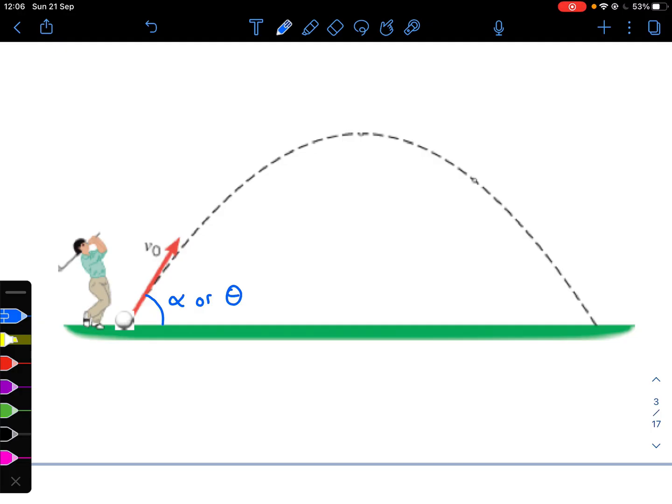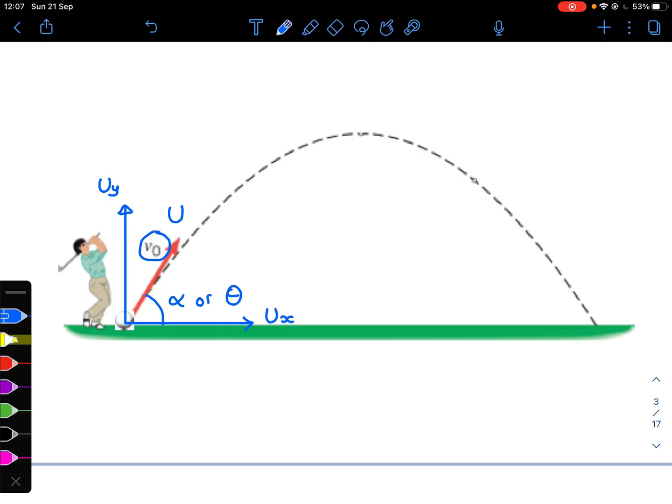So what we're going to need to be able to do, if we're going to split this into horizontal and vertical components, is calculate how much of this velocity is acting vertically and how much of this velocity is acting horizontally. Since the initial speed is labelled as u, sometimes a capital U, if we're resolving it into its verticals and horizontals, we might call this one uy and this one ux.